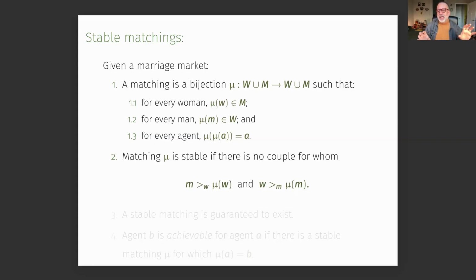So there is no M, W such that W prefers M to her match and M prefers W to his match, the canonical definition of stability.